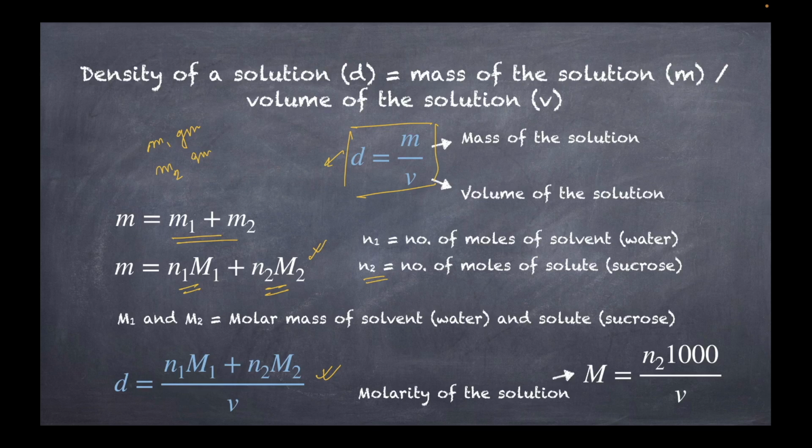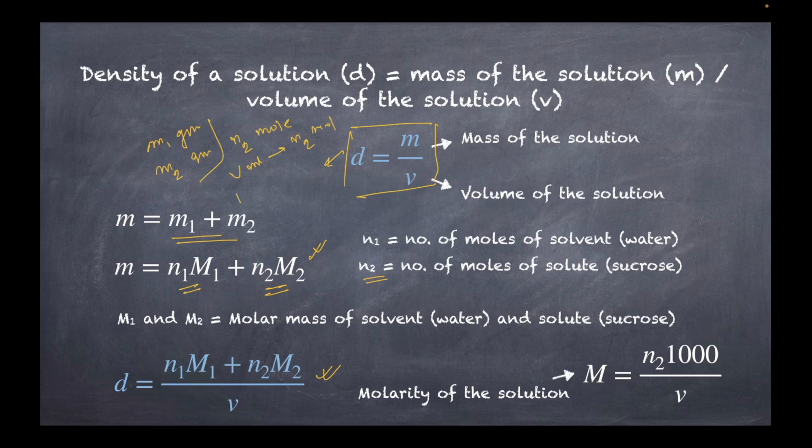Now let's say n2 mole of solute, that means sucrose, is there in our solution in V ml solution. So in V ml solution n2 mole of sucrose is there.